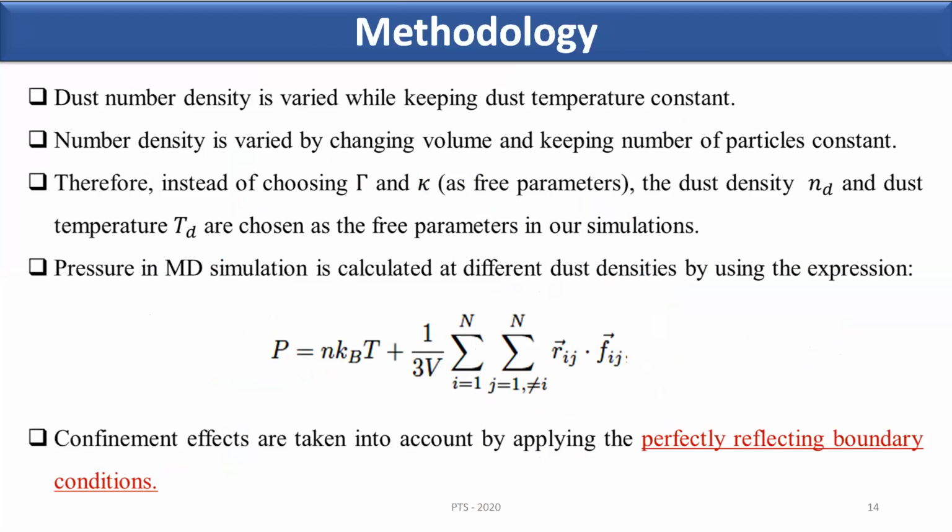The same thing I have done here: I have taken N particles, varied the volume while keeping the number of particles the same, all at constant temperature. The pressure is calculated using the virial expression, whose formula is shown here. To take the confinement effects into account, I have applied perfectly reflecting boundary conditions.